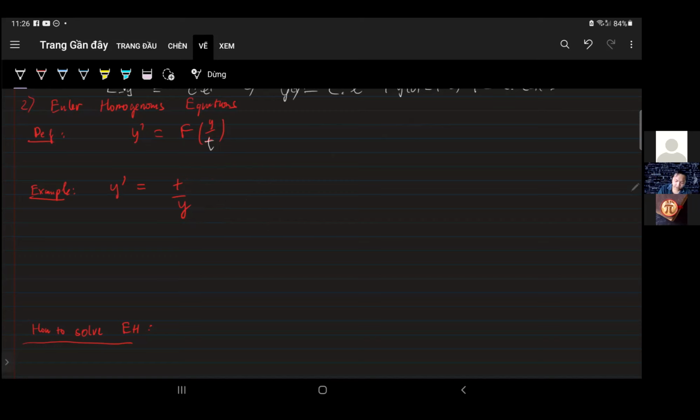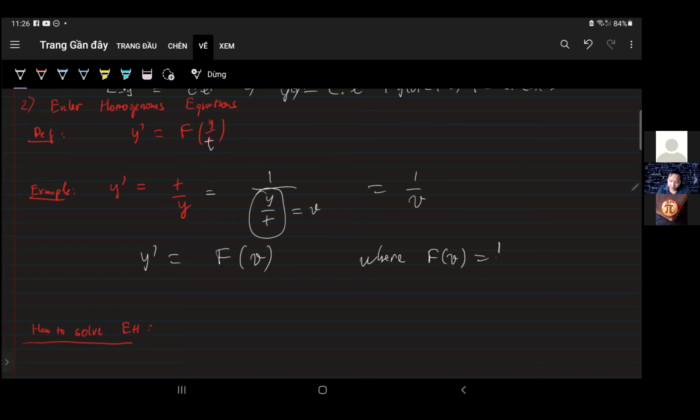But how do we do that? So if you write it out again, it's 1 over y over t, right? Okay, so now you can consider y over t as a variable like v. So it's 1 over v, right? So clearly y prime equals f of v, where f of v equals 1 over v, right?